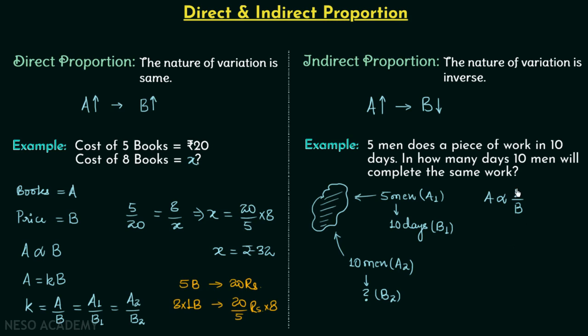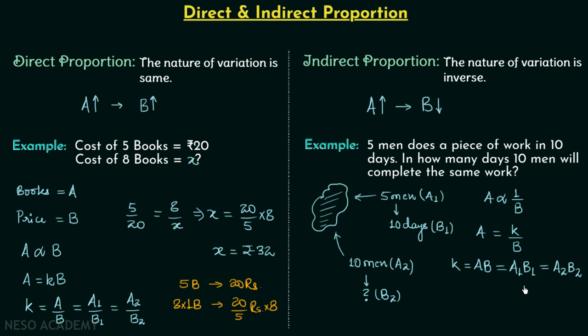Now again we will remove the proportionality sign. We will have equal to and the constant k will be multiplied. From here we can say that constant k is equal to A multiplied to B, and this will remain constant. K will not change for different values of A and B. So it will be equal to A1 multiplied to B1, and it will be equal to A2 multiplied to B2.